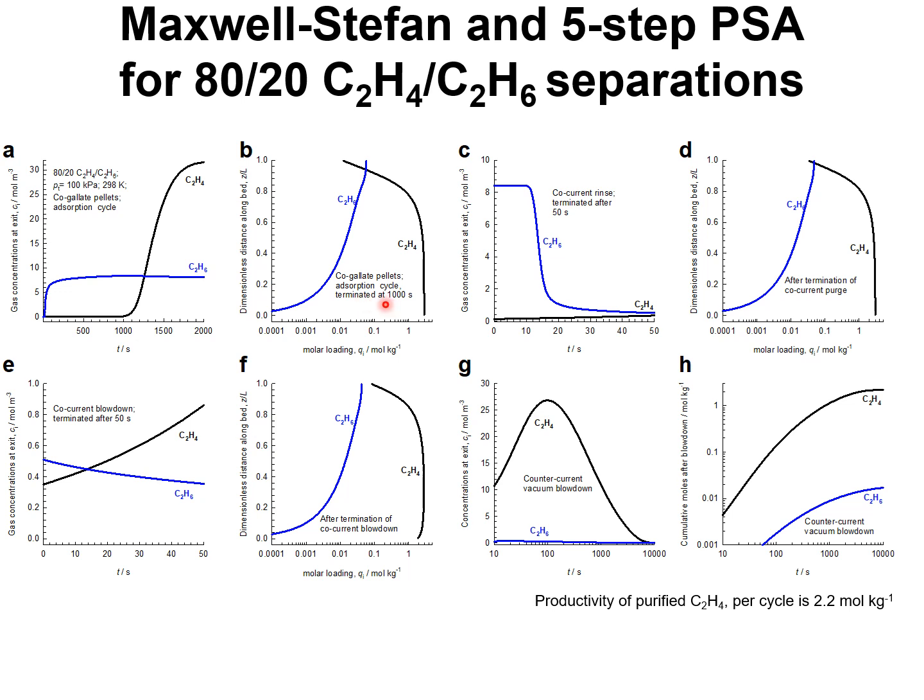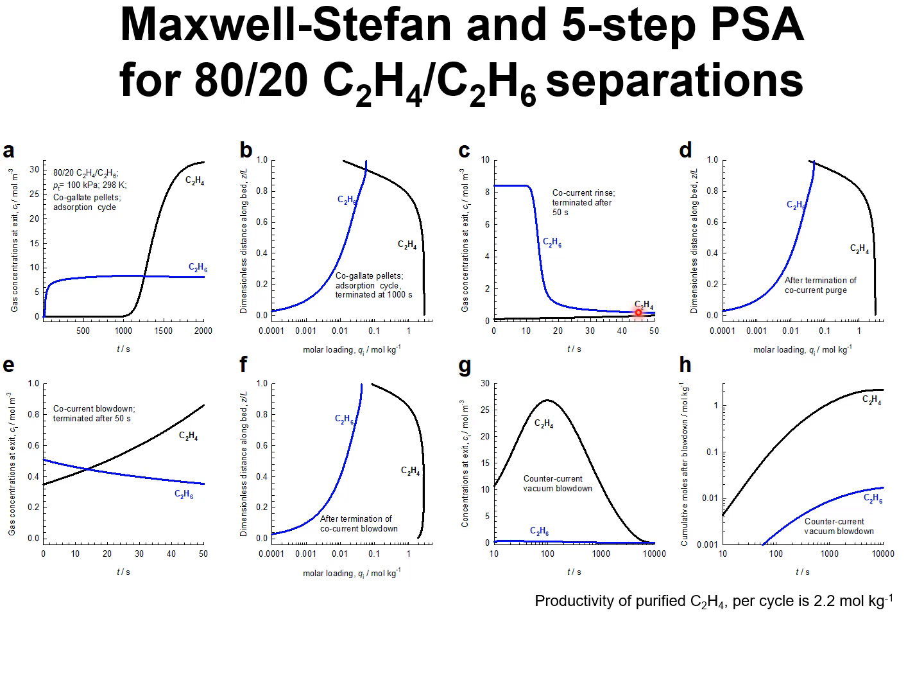The adsorption cycle is followed by a co-current purge or co-current rinse, in which the components in the adsorbed phase are purged out or rinsed out, and in particular we note that the ethane is rinsed out of the column.